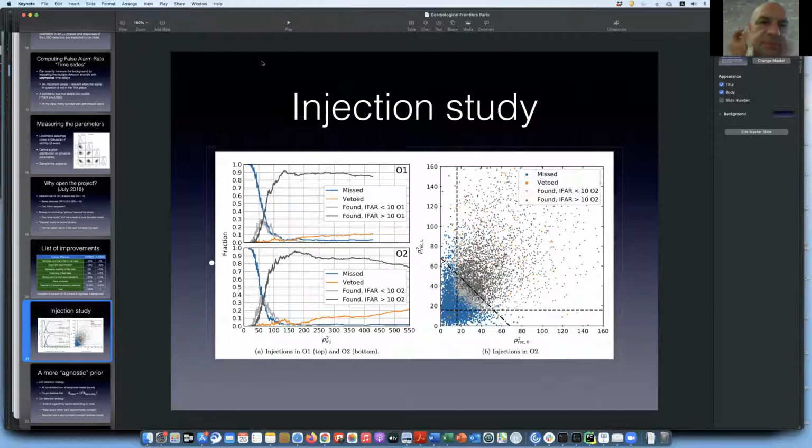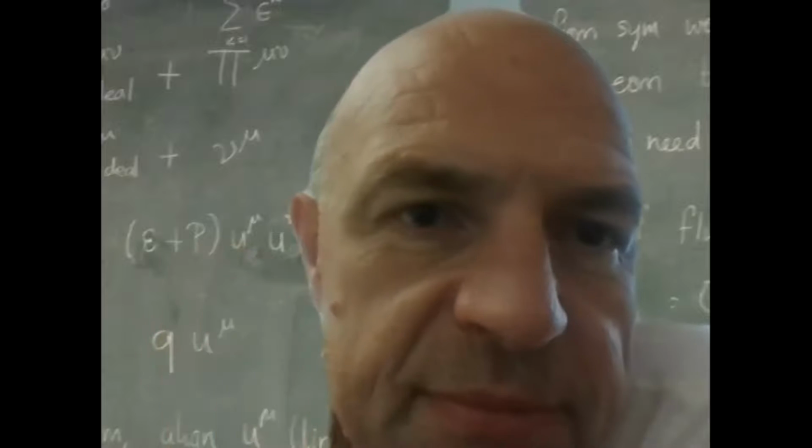And then if I can just say as well, if you want to do tests of general relativity, then we are severely limited by theory-specific waveforms to high enough order in the phase to do specific tests of general relativity.